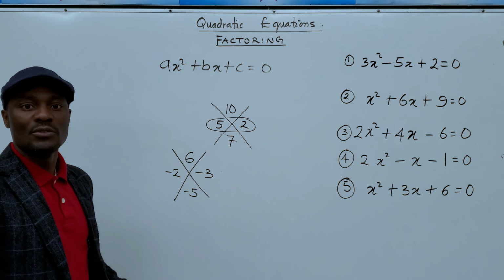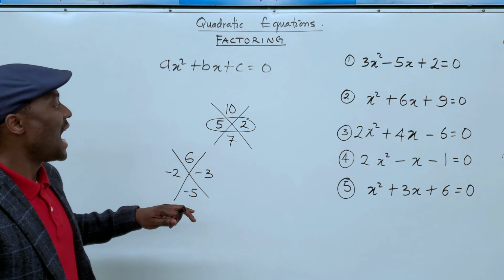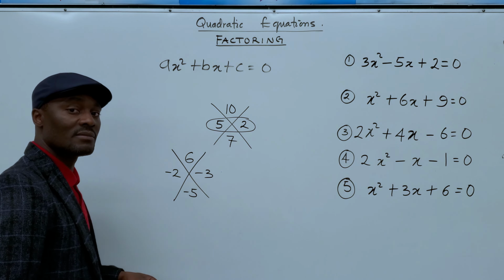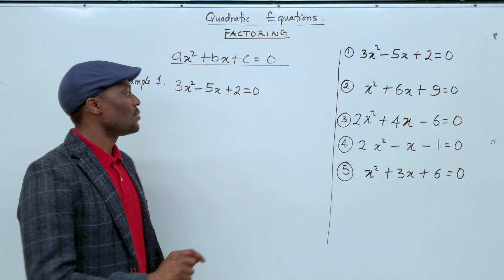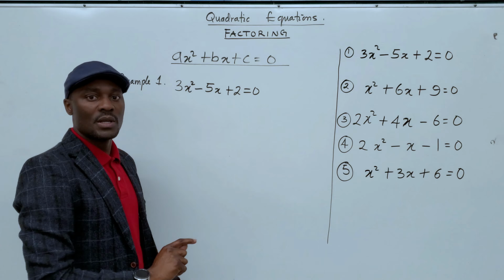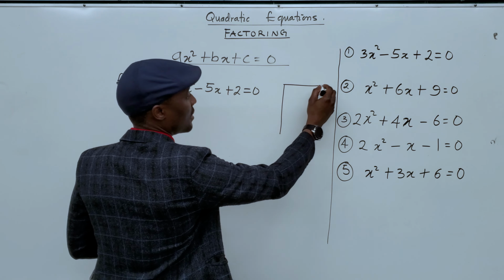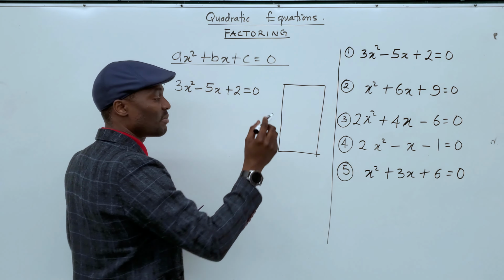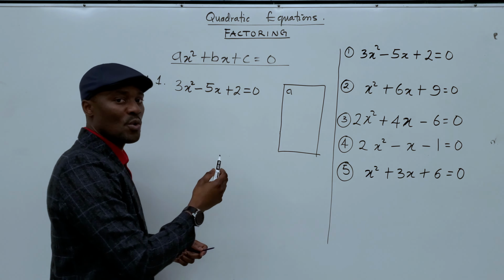So let's get down to the very basis of what I'm saying, and we will get the facts out and move on. So I strongly recommend that as soon as you write the quadratic equation you want to solve in this form, quickly make a box where you create the puzzle, but before you create the puzzle, write what your A is for the quadratic equation.